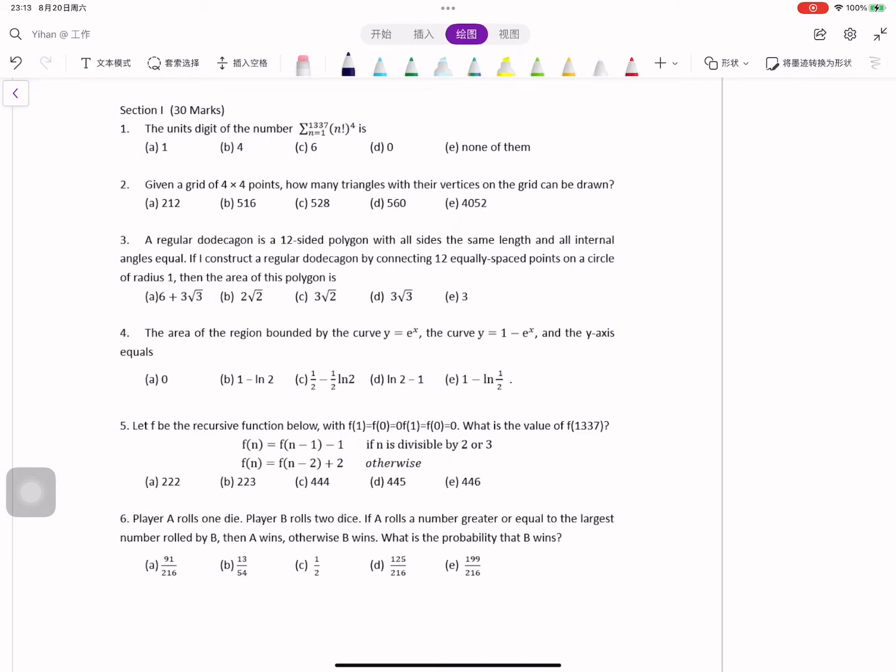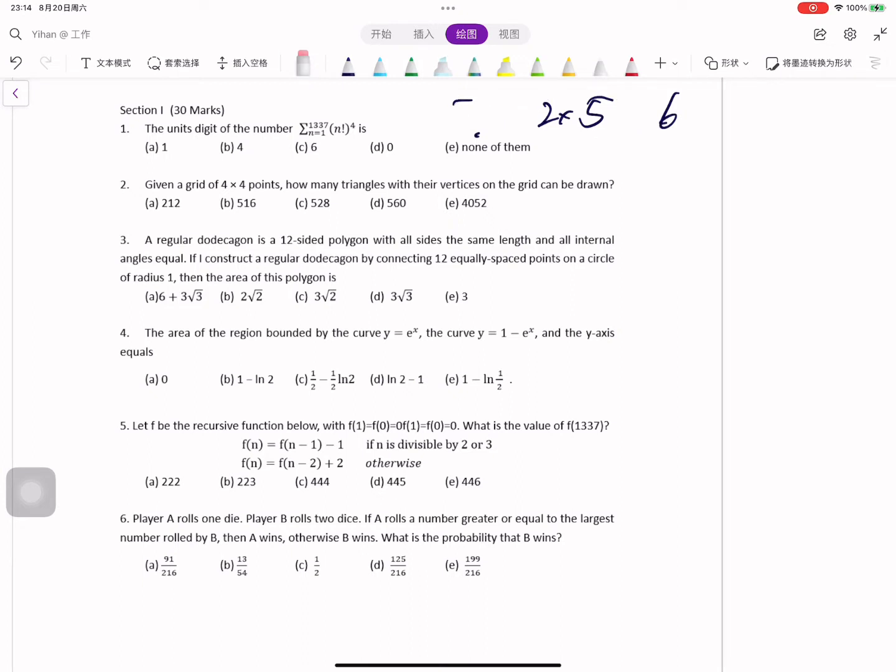As we can see, we need to find the unit digit of this number, and as we know, if we have 5 factorial, it contains 2 and 5, and 6 also contains these 2 factors.